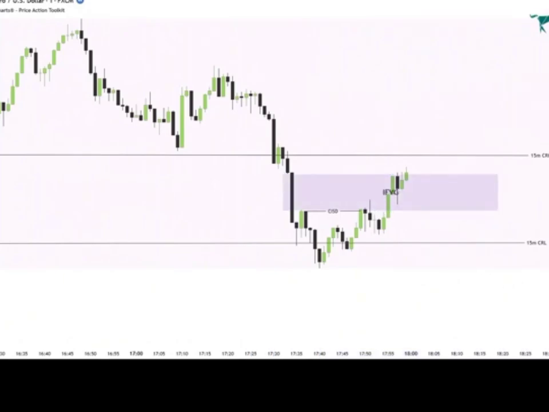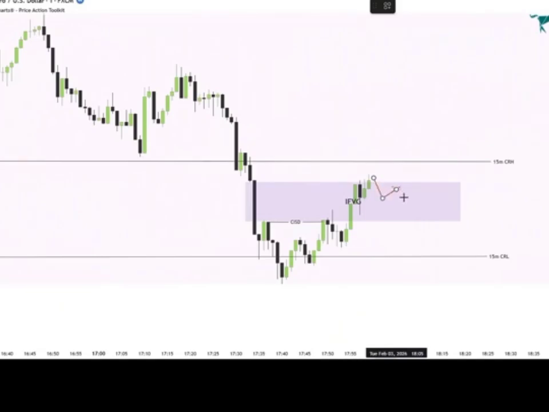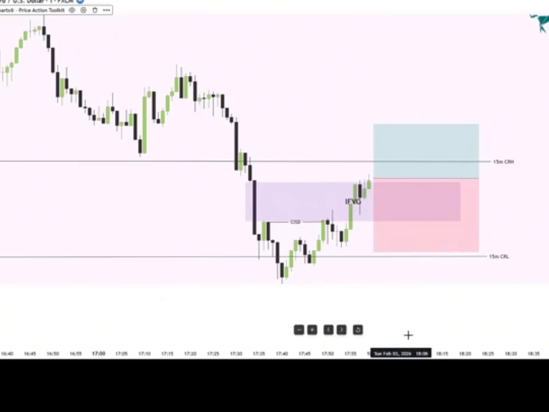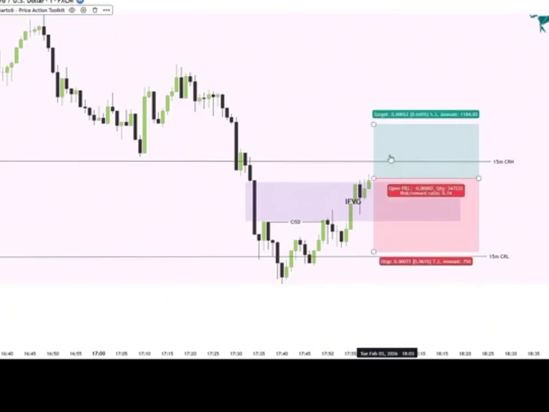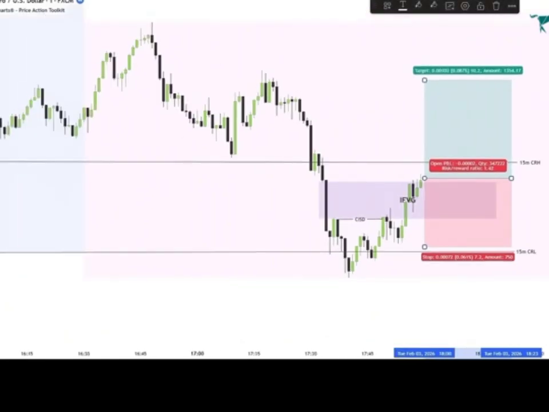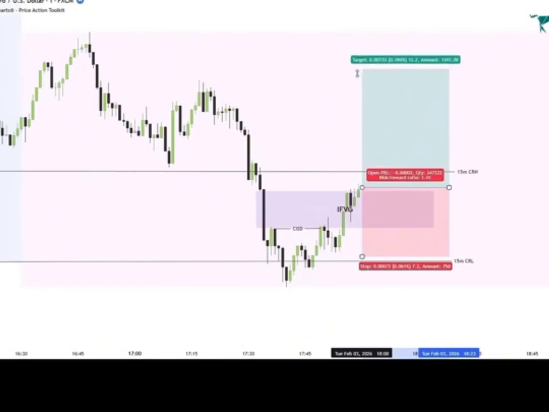Once the IFVG forms, it is likely to act as a new support zone, giving us a strong area for a buy entry. So in the next step, I immediately open a buy position at the next candle open right after the IFVG forms, with the stop loss placed below the most recent swing low. For take profit, I target the nearest buy-side liquidity on the current time frame, which gives us almost a 2.5 R to R.